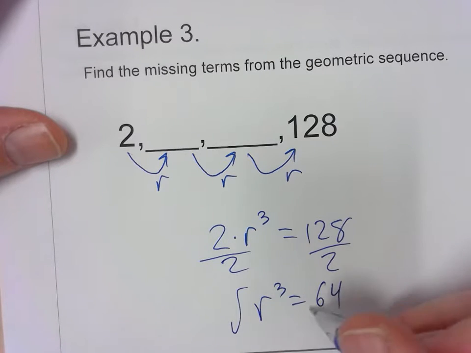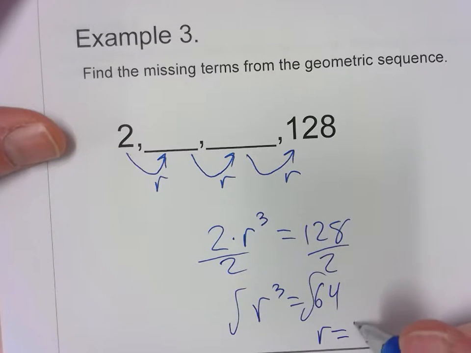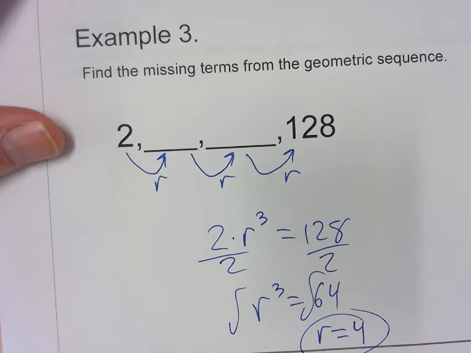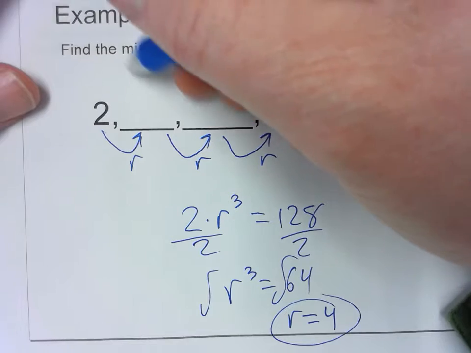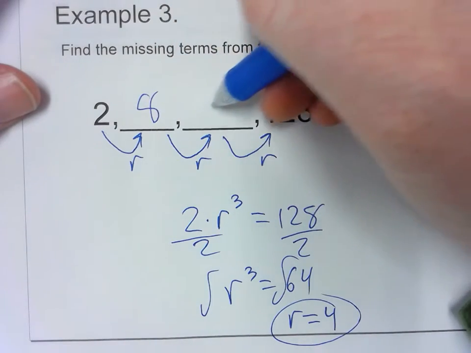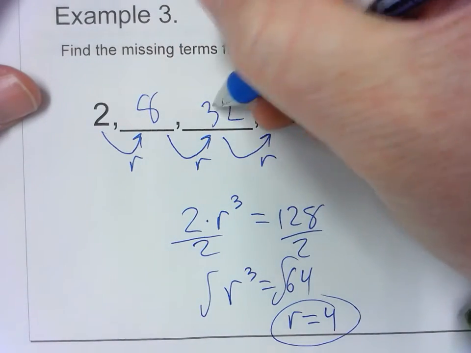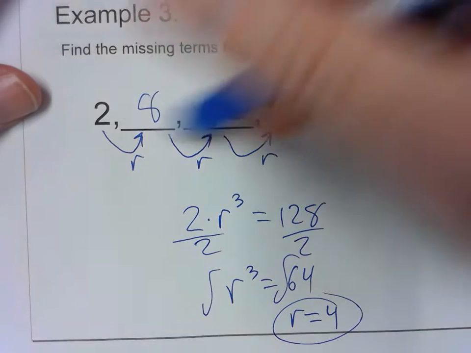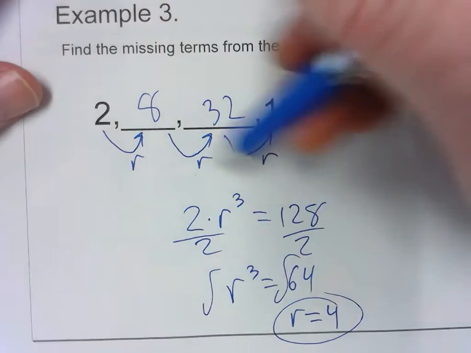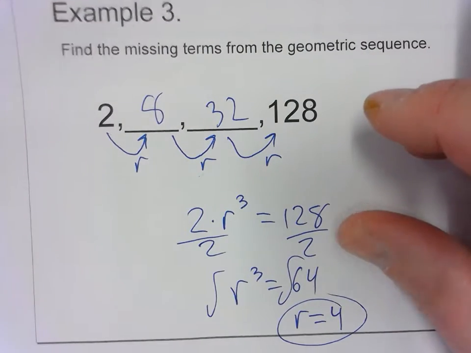And I can take the cube root. R is equal to 4. So the common ratio is 4. So multiply by 4, and I get 8, multiply by 4, I get 32, and then multiply by 4, I get 128. So it works. So I made a little algebra equation to figure out what was missing there.